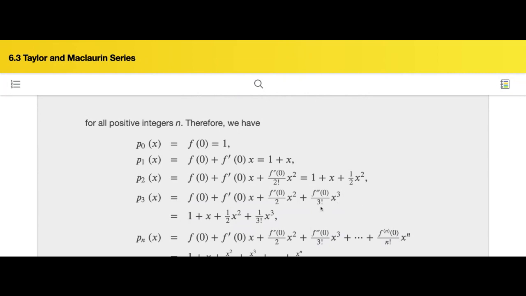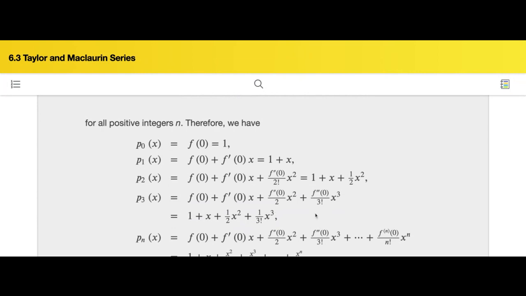So we see the pattern. Actually, we don't need to evaluate the factorial because the factorial gives us a pattern. So for third order, we have 1 plus x plus half x squared plus 1 over 3 factorial x cubed. Or we can write it as 1 plus x divided by 1, plus x squared divided by 2, plus x cubed divided by 3 factorial.